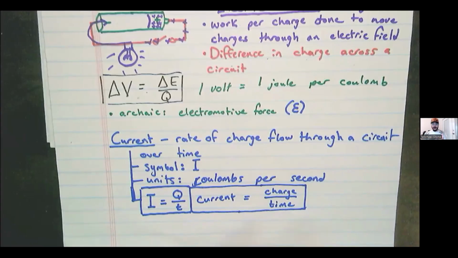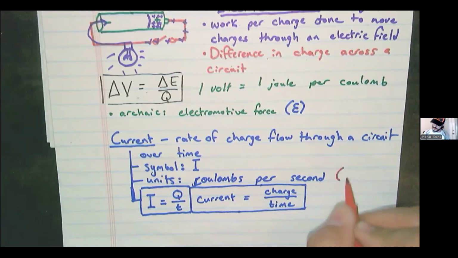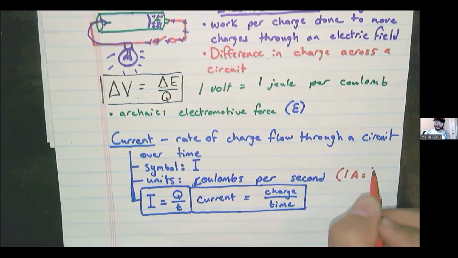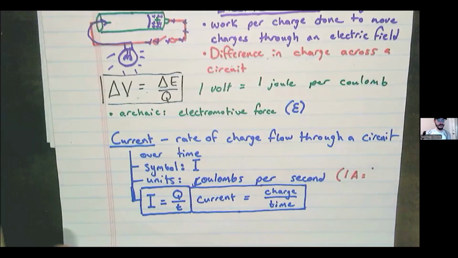Unsurprisingly, we have this combo meal of units, and we name it after somebody who did something interesting, and in this case, ampere, a Frenchman who did a bunch of early work with electromagnetism. As we get into the magnetism unit, we'll get to Ampere's law. But 1 ampere is actually defined as a fundamental base unit.